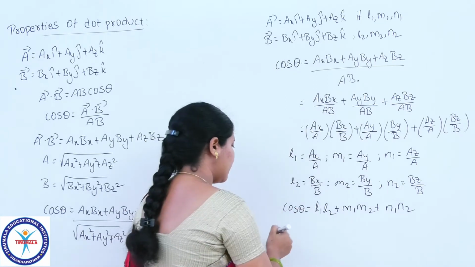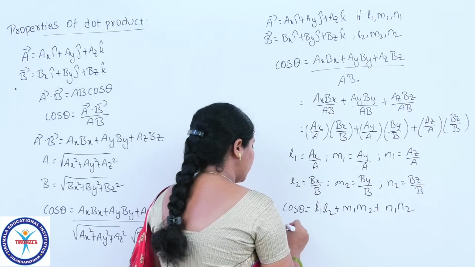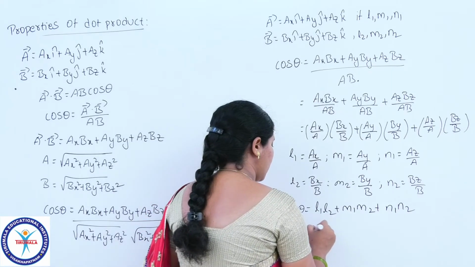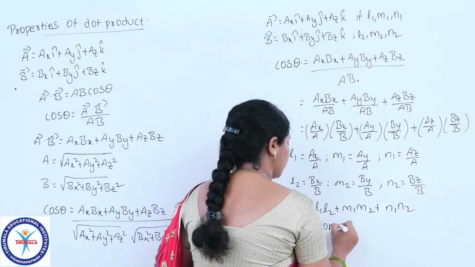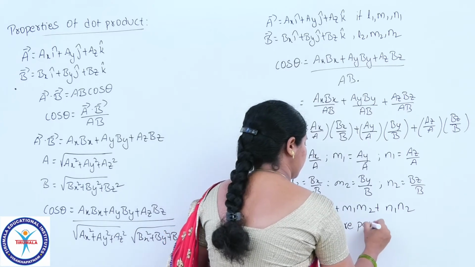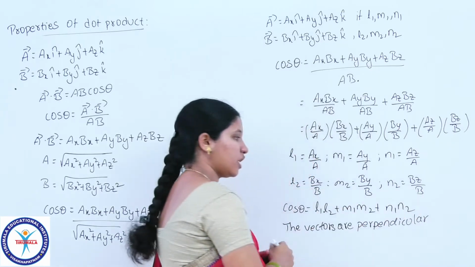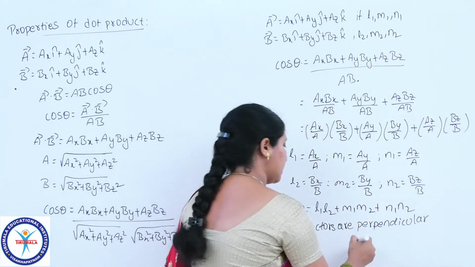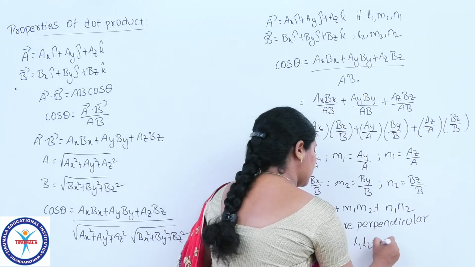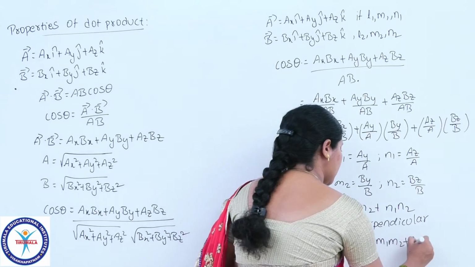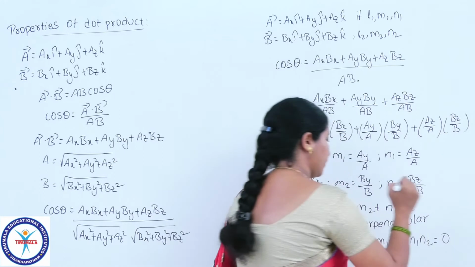So we can say that the two vectors are perpendicular if L1 L2 plus m1 m2 plus n1 n2 is equal to 0.